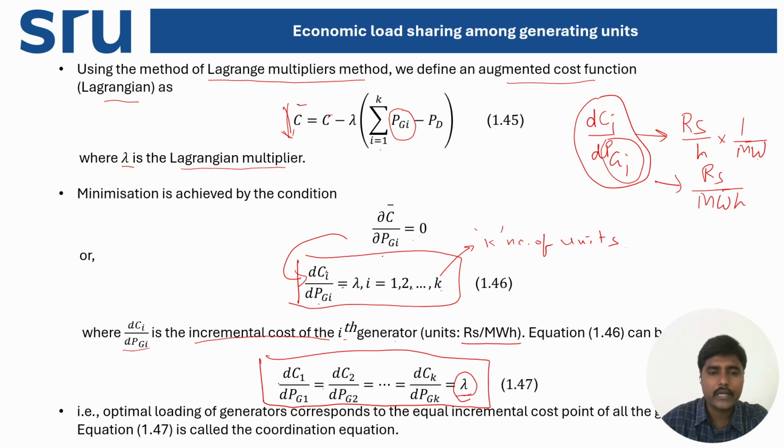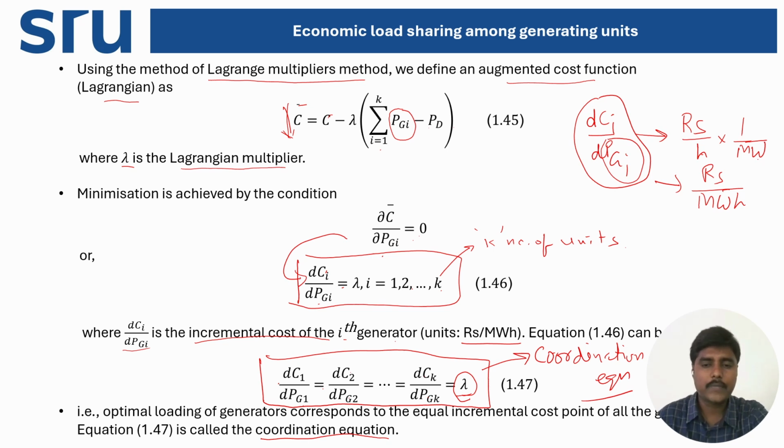And this particular condition or equation is called the coordination equation. So the summary is, whenever you neglect the transmission losses, the condition for economic load dispatch is that the incremental fuel cost of all the units should be the same, and equal to lambda.